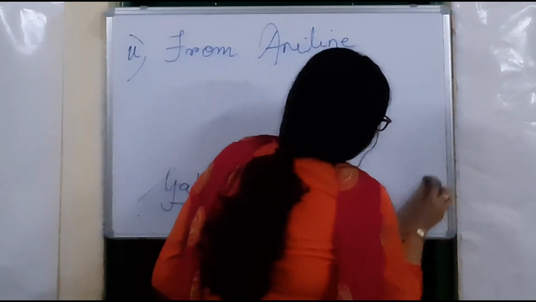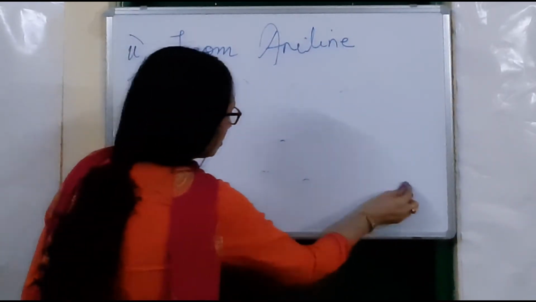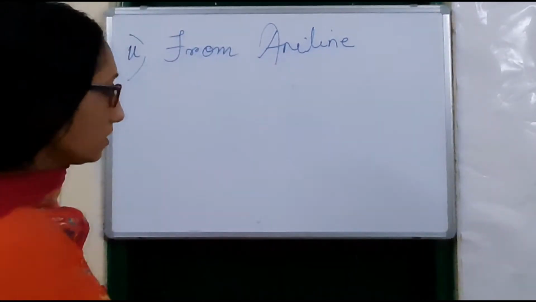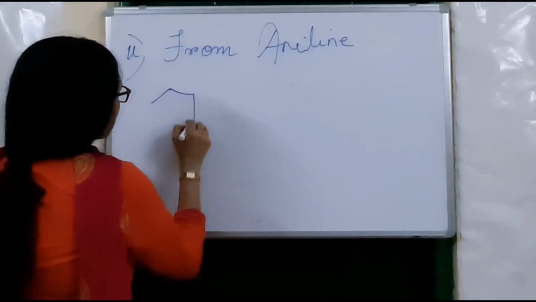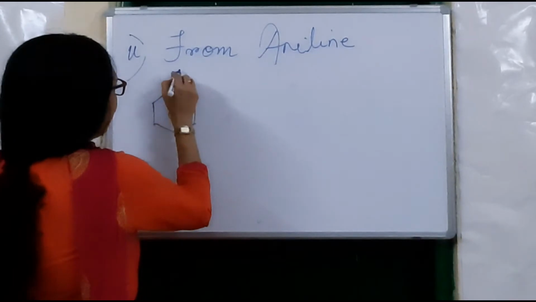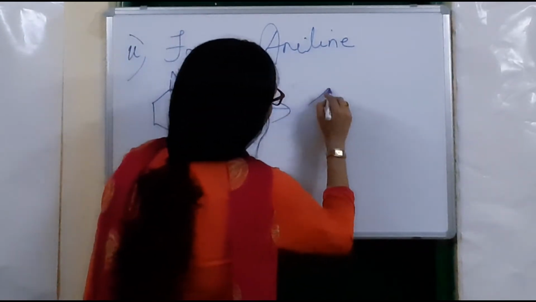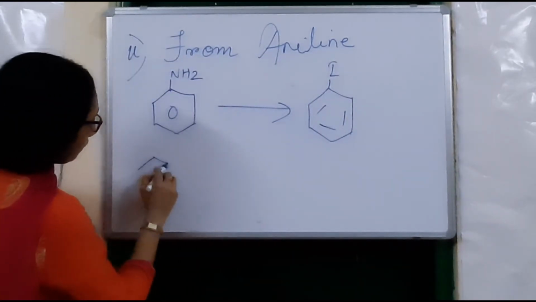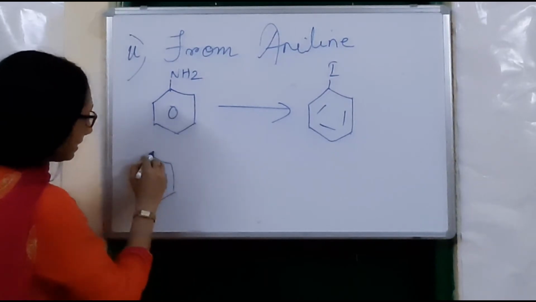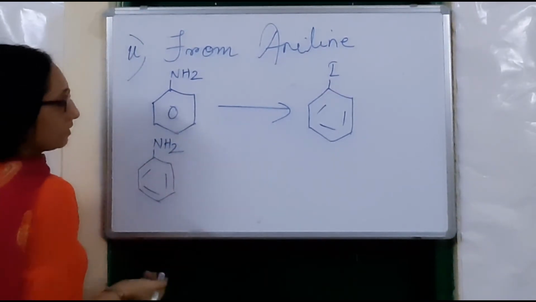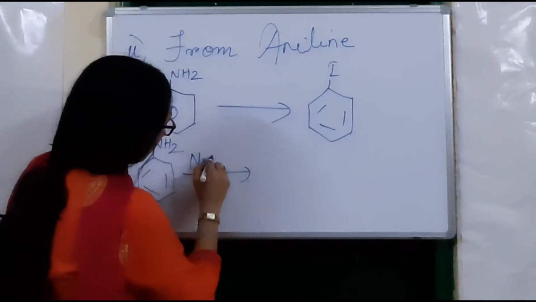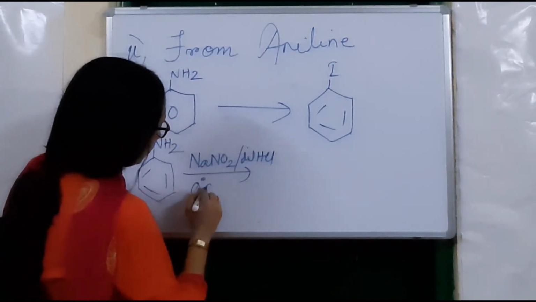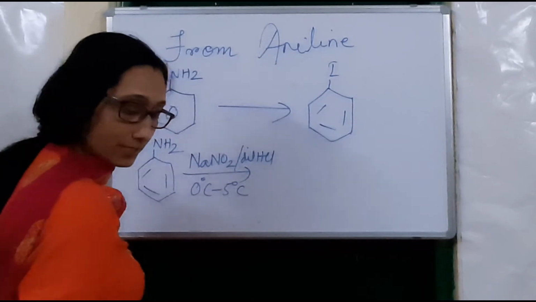Now we will see how to prepare iodobenzene and fluorobenzene from benzene diazonium chloride. So if you were asked, convert aniline to iodobenzene, what will we do? First we will treat aniline with NaNO2 and dilute HCl at 0 degree centigrade to 5 degree centigrade.